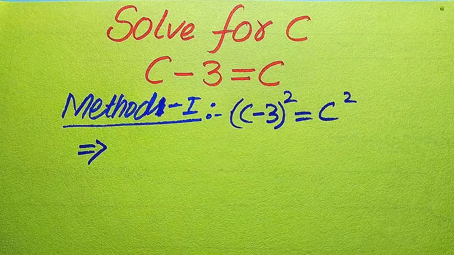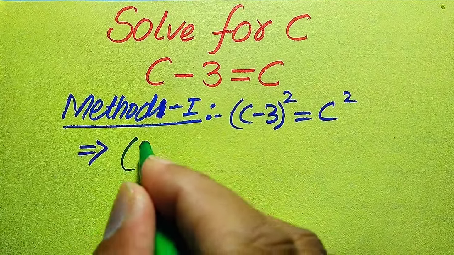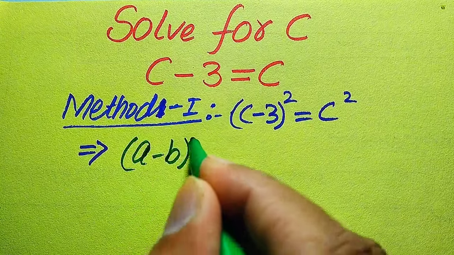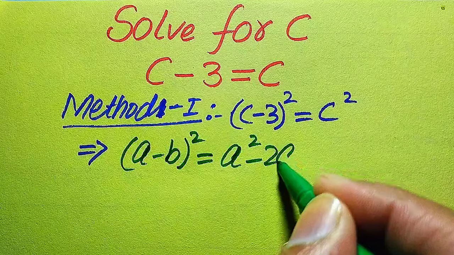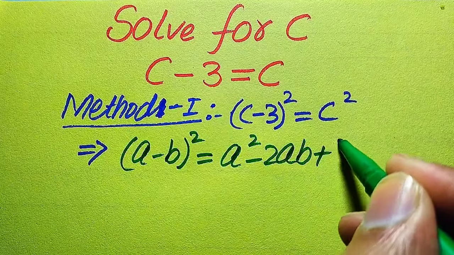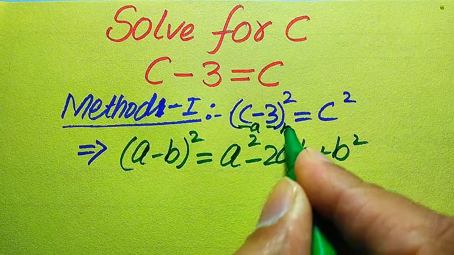And further in the next step we need to apply the nice algebraic formula on the left hand side, and you know about that. If we have a minus b whole square is equal to a square minus 2ab plus b square, you see here this is our a and this is our b.